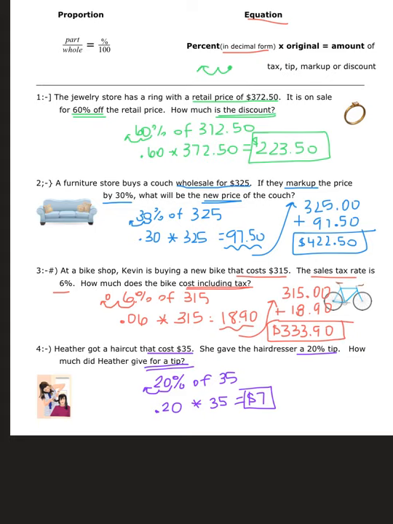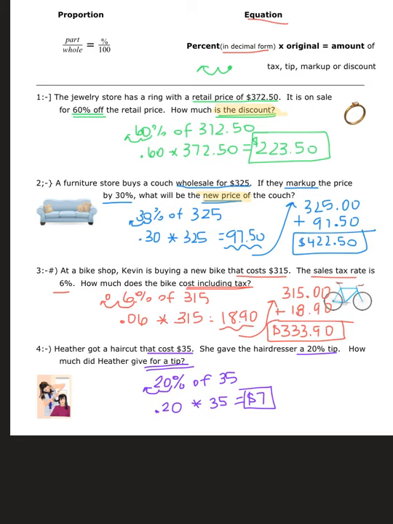Now pay close attention to what the question is asking. Like number 1 just wanted the discount, so you only found the percent and stopped after there. The second question wanted the new price, so that was the percent, and then you had to do the extra step. And since this was a markup, you added.